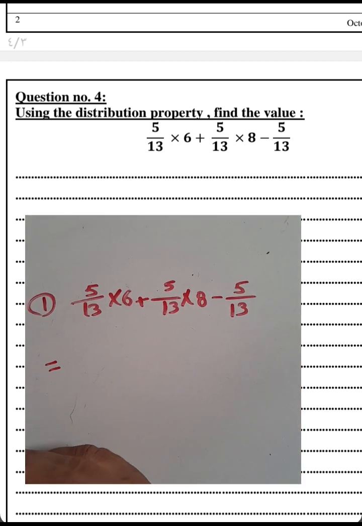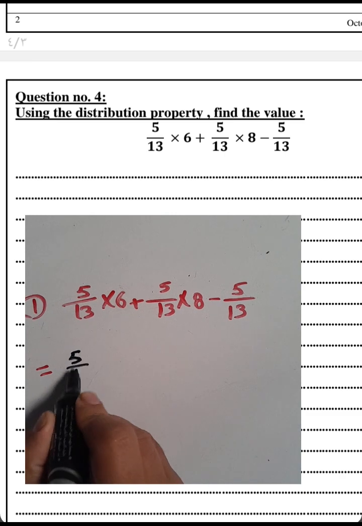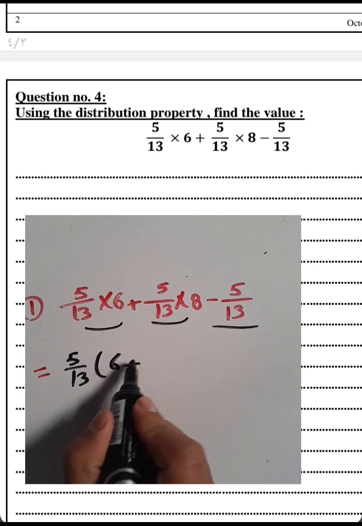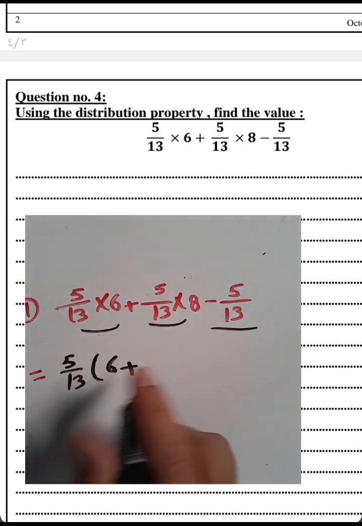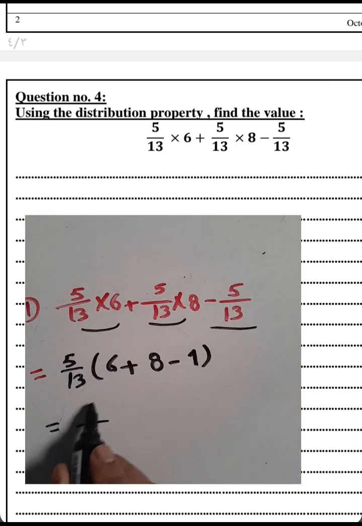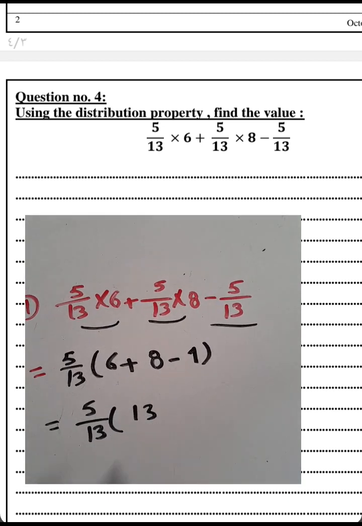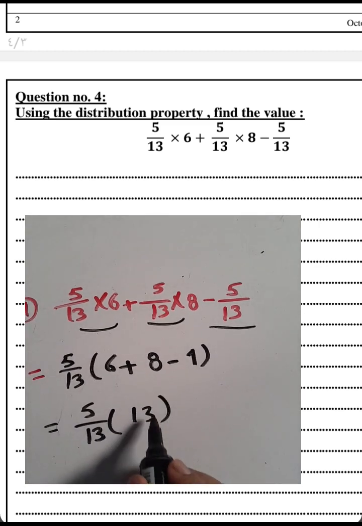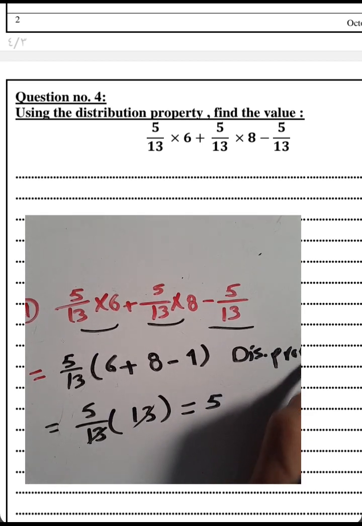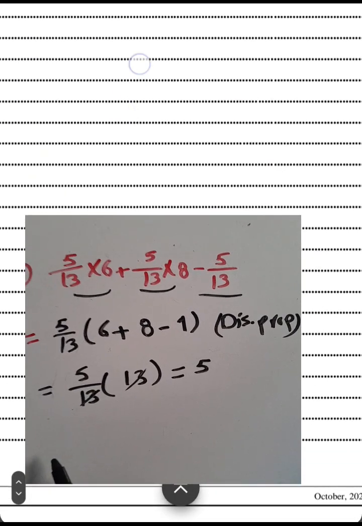Then we can write 5 over 13 outside, factoring it out of the three terms. The first term gives 6. The second term, divided by 5 over 13, gives 8. 5 over 13 divided by itself gives 1. Then we write 5 over 13 times (6 plus 8 minus 1). 6 plus 8 equals 14. 14 minus 1 is 13. 13 divided by 13 is 1. 1 times 5 equals 5. We use the distributive property here. Understood? It's the last question, okay?